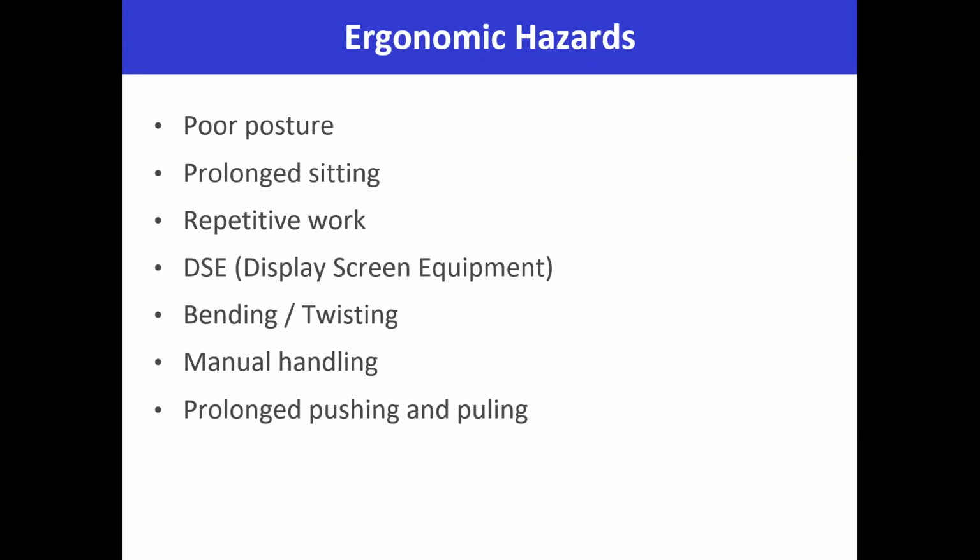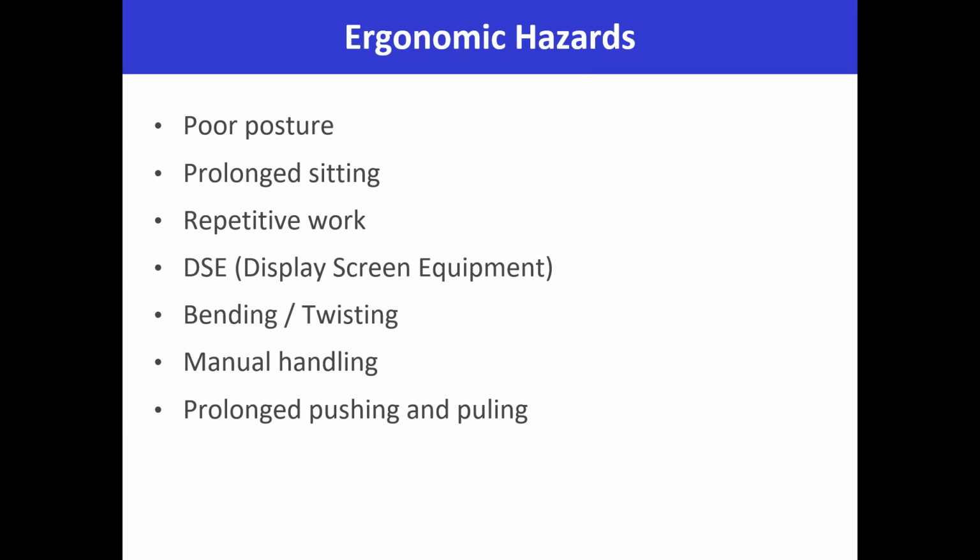Then there are ergonomic hazards. What is ergonomics? Ergonomics is basically the branch of science which deals with the interaction of the worker, the human, with his work environment. So how you interact with your work environment: how high is your seat, how far is your keyboard from you, how far is your display screen from you, how far are the other controls from you.